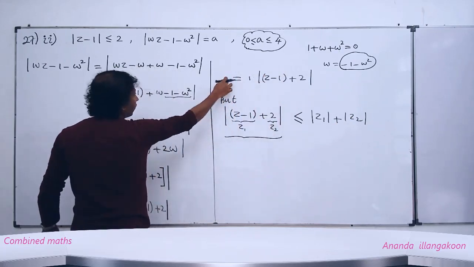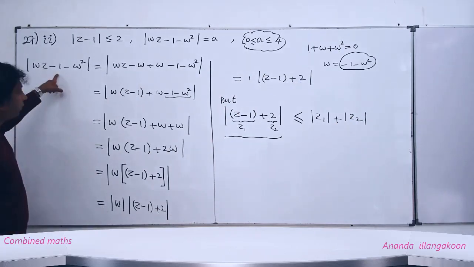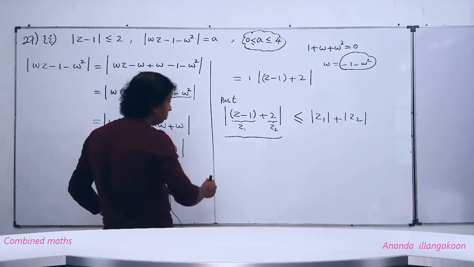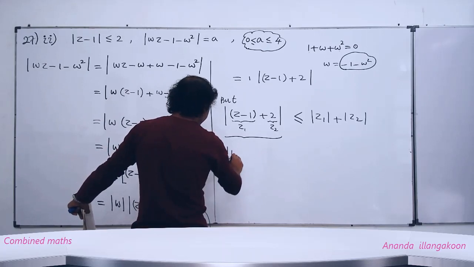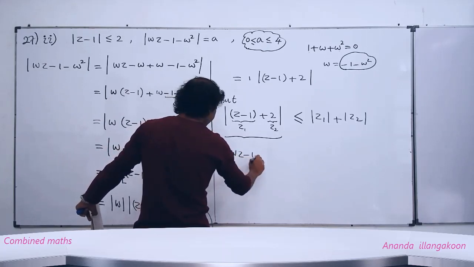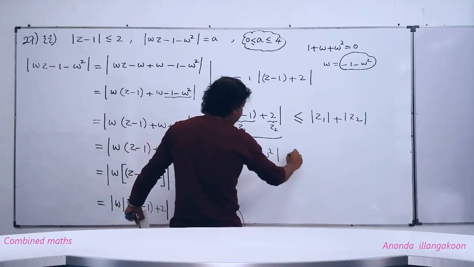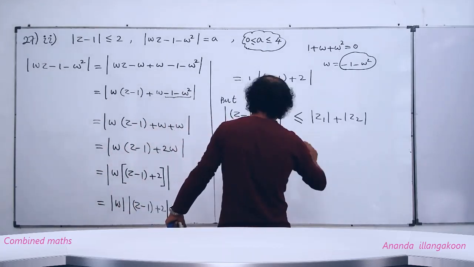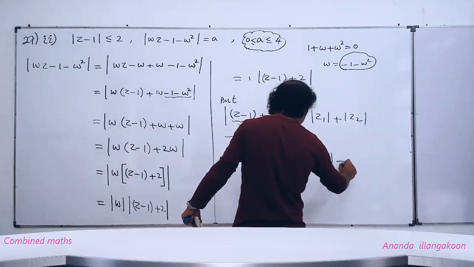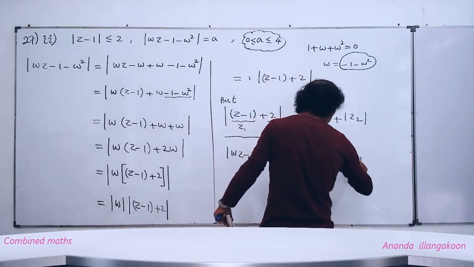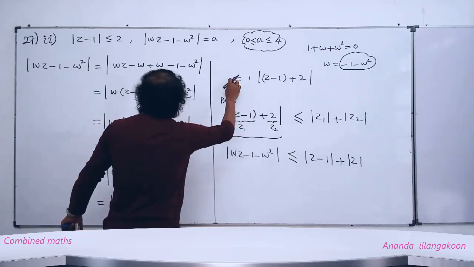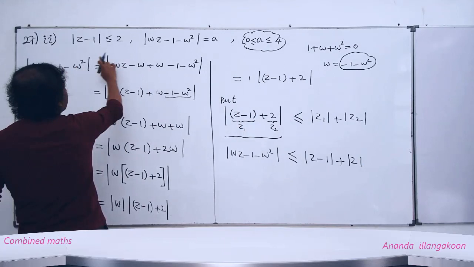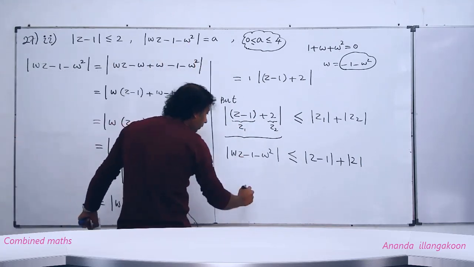The left hand side of the equal sign is nothing but simply A, less than or equal to: z1 is mod z minus 1 and this is mod 2. The left hand side is equal to A in the question. This is therefore A.